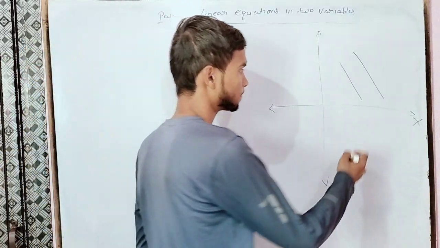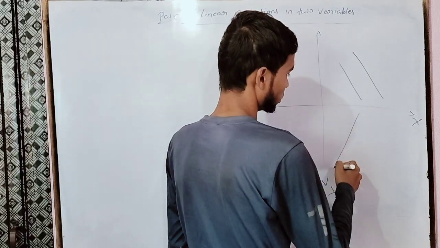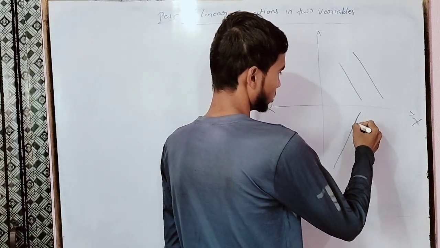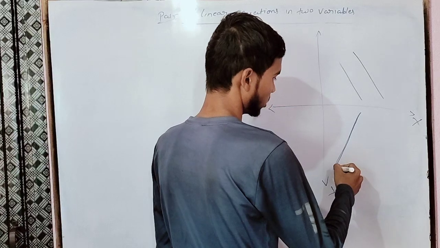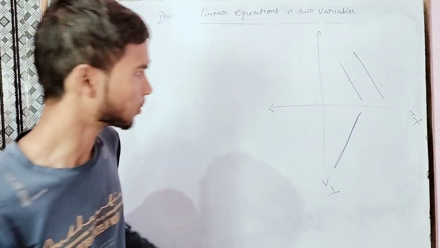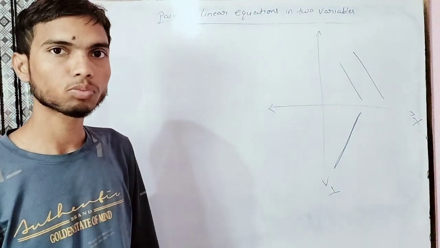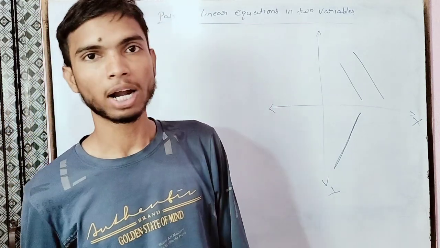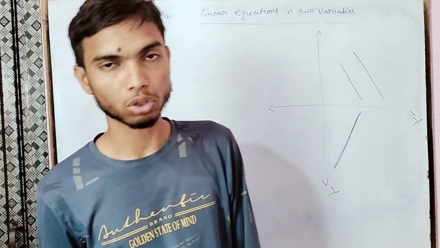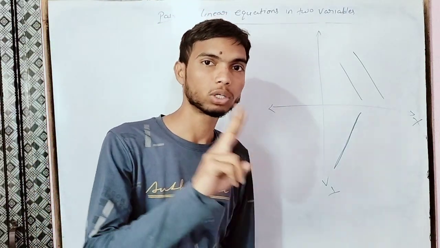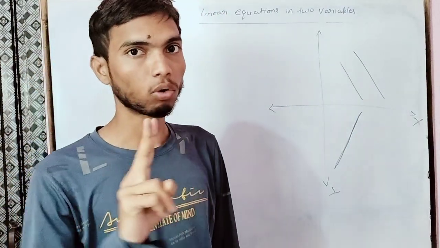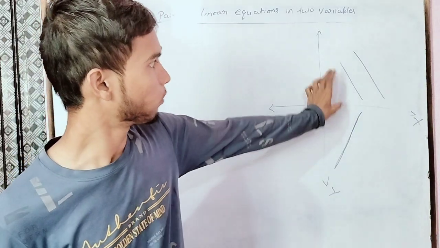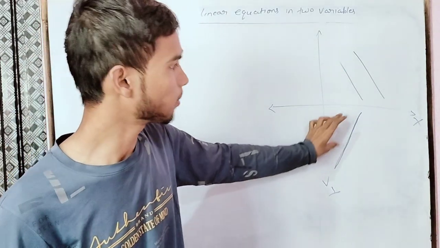Now, the second type of pair of linear equations can be like that. So after finding solutions, the two lines of a pair of linear equations can be like that.